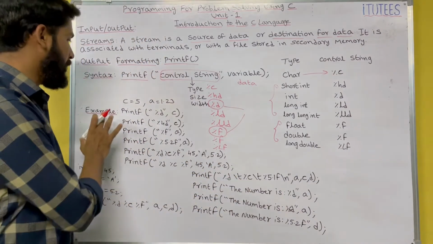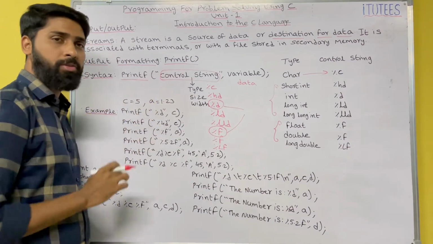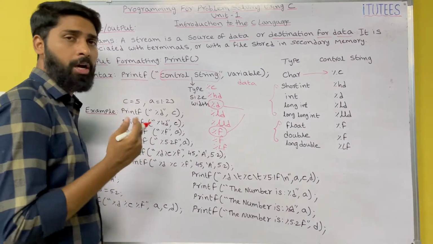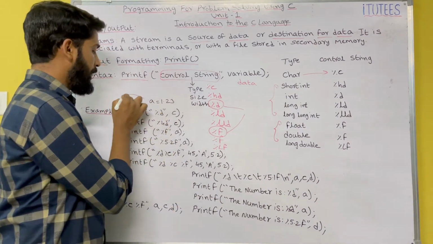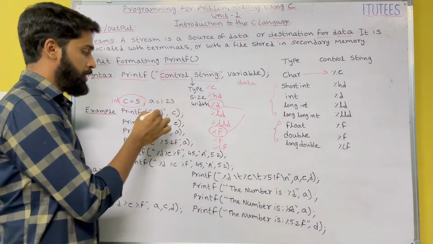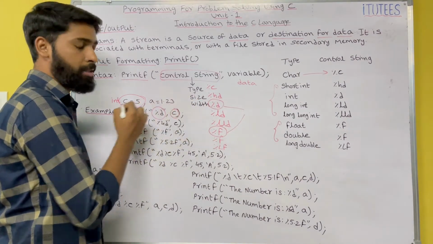Now we see the example. These are the two variables, c equals 5, a equals 1.23. Now I want to print the value of c on monitor. How? printf, what's the data type of c? It is int. So the control string for integer is %d and the variable name is c.